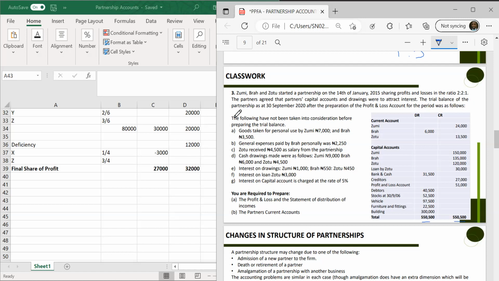Additional information. The following have not been taken into consideration before preparing the trial balance. Goods taken for personal use by Zumi was 7,000 and Bra was 3,500. General expenses paid by Bra personally was 2,250. You remember when we looked at all this earlier?